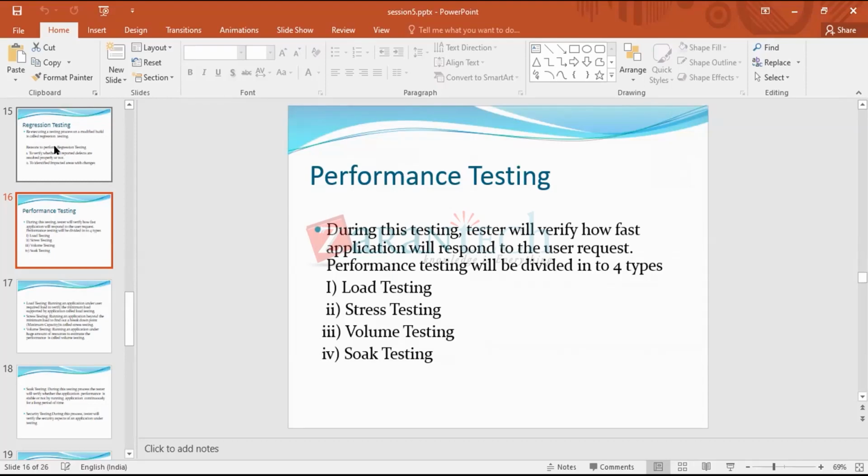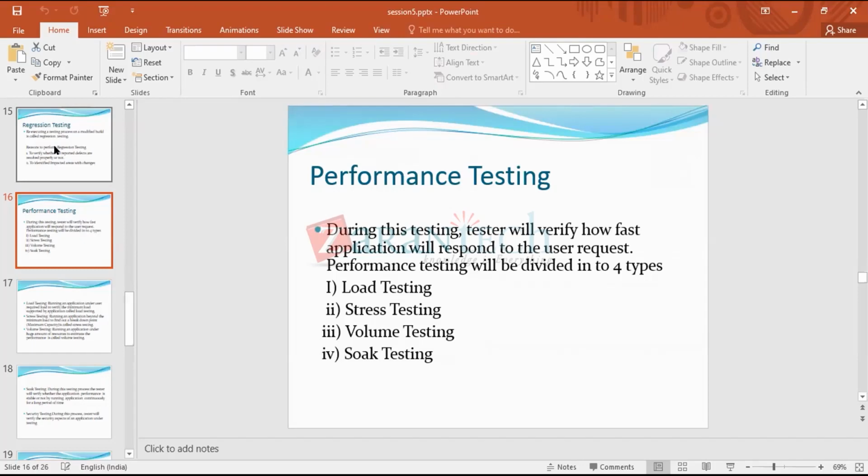So your performance is very, very low in this example. Like that, performance should be clear always.